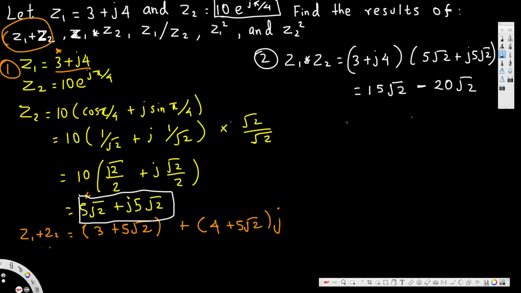Let's make sure everything's right. This is not the correct way to do that. Okay, let's double check. 3 times 5 root 2.